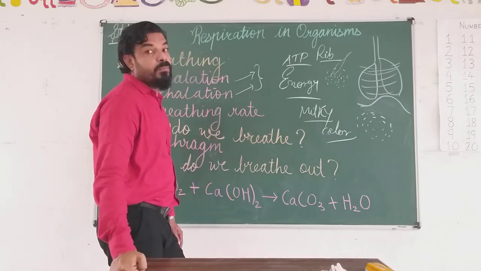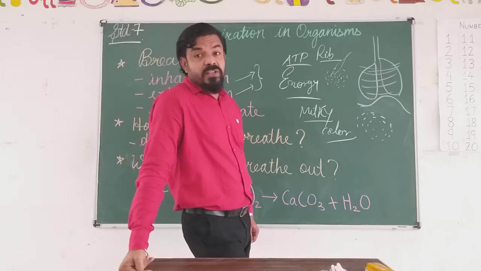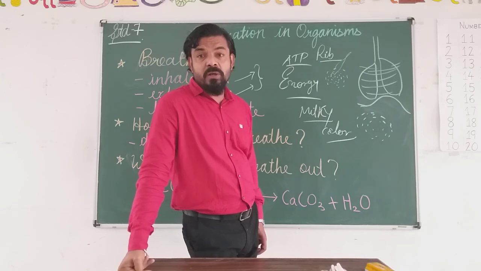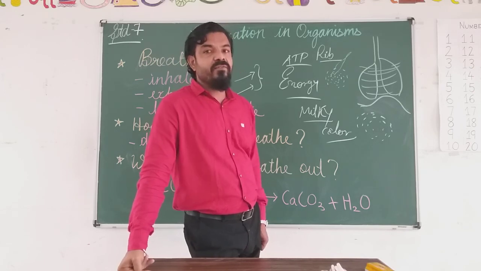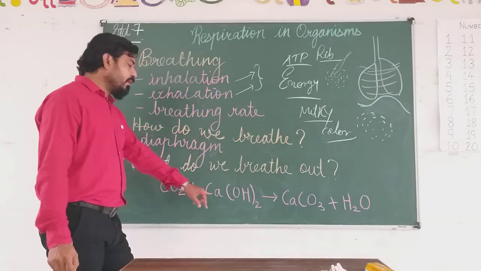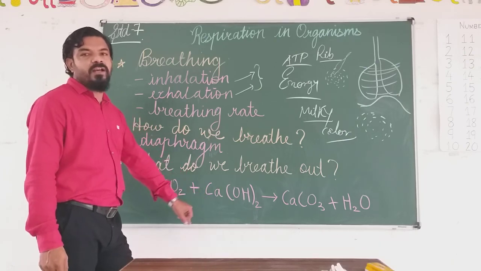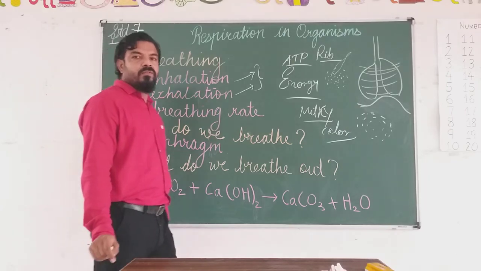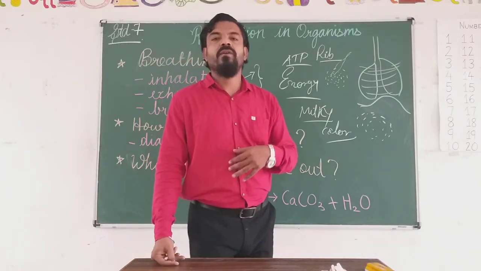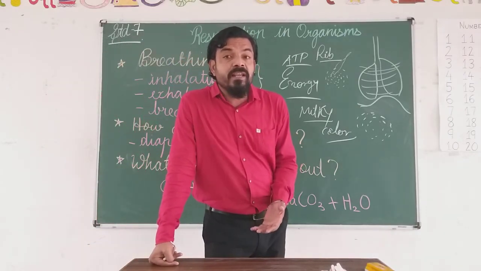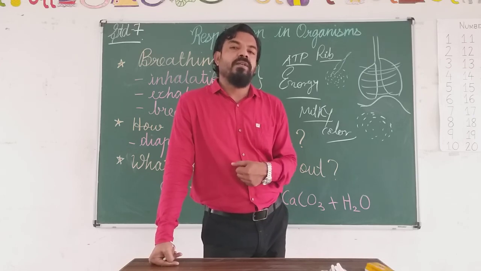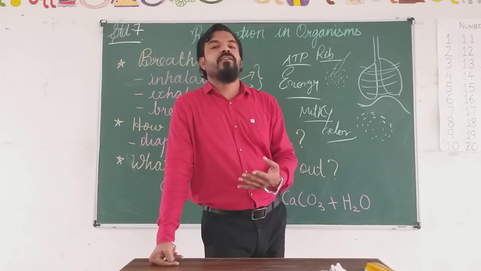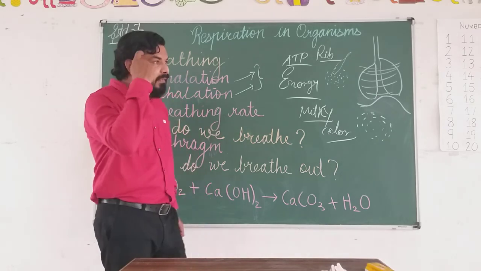Now, why does the milky color happen? In chapter 6, acid, base and salt, I taught you what lime water is. This is the lime water, calcium hydroxide. Okay. What do we exhale? That is carbon dioxide. When you exhale out carbon dioxide, what is the proof of that?